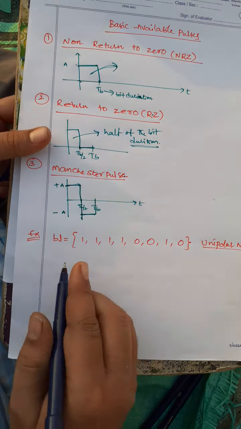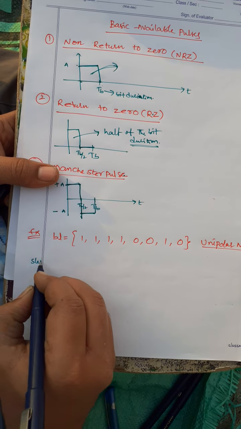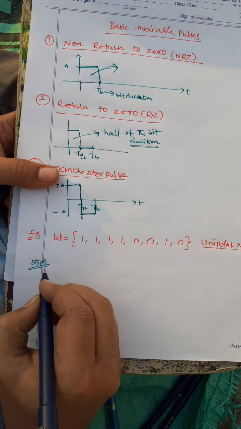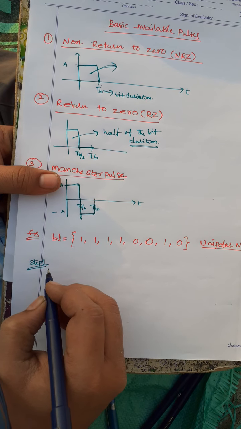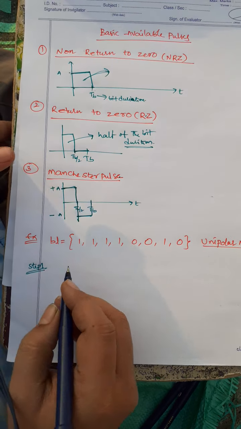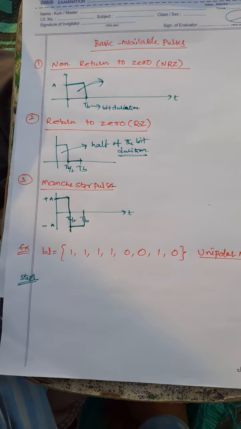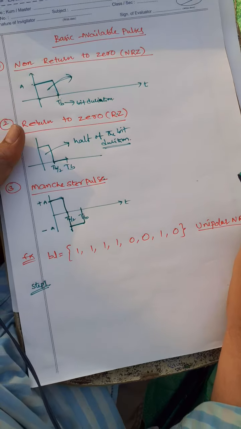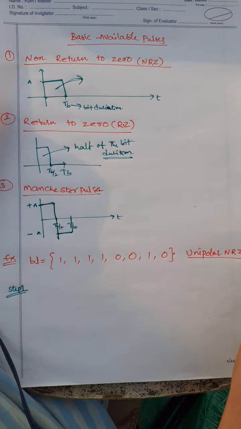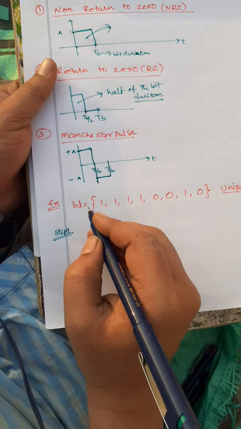The first step is to convert the bits to level mapping.